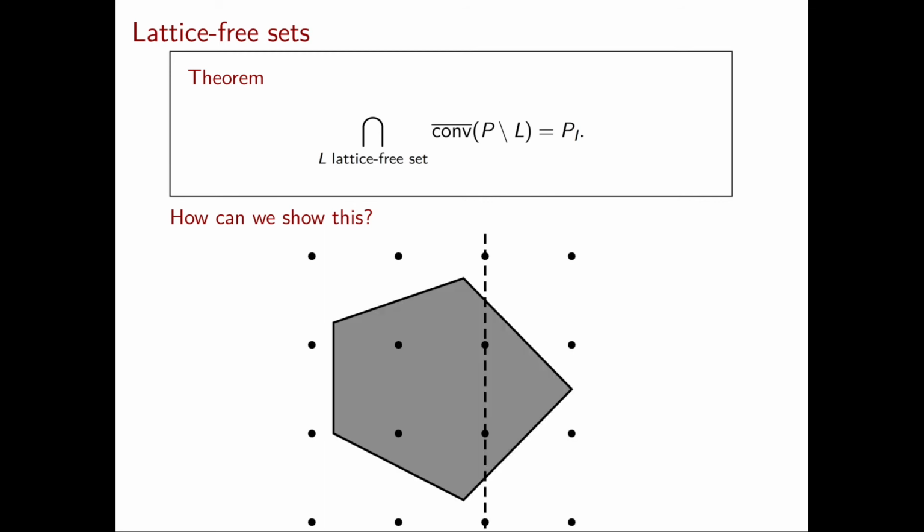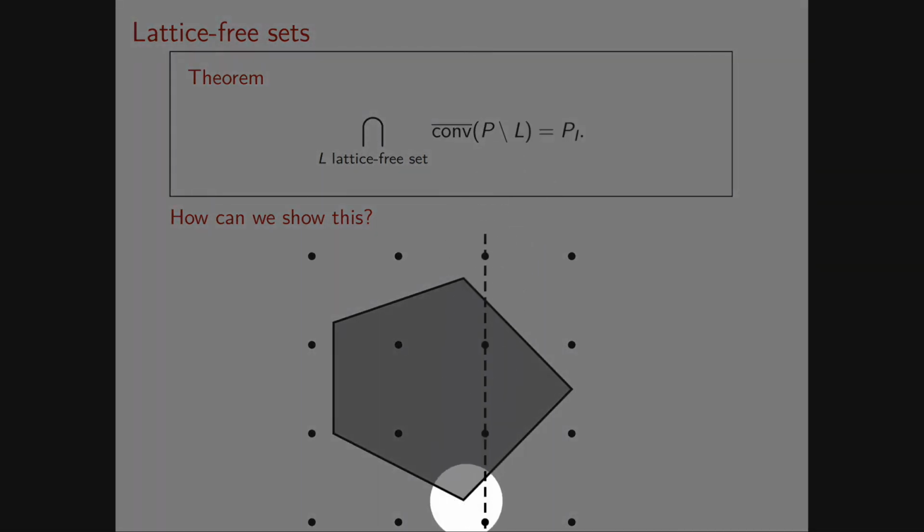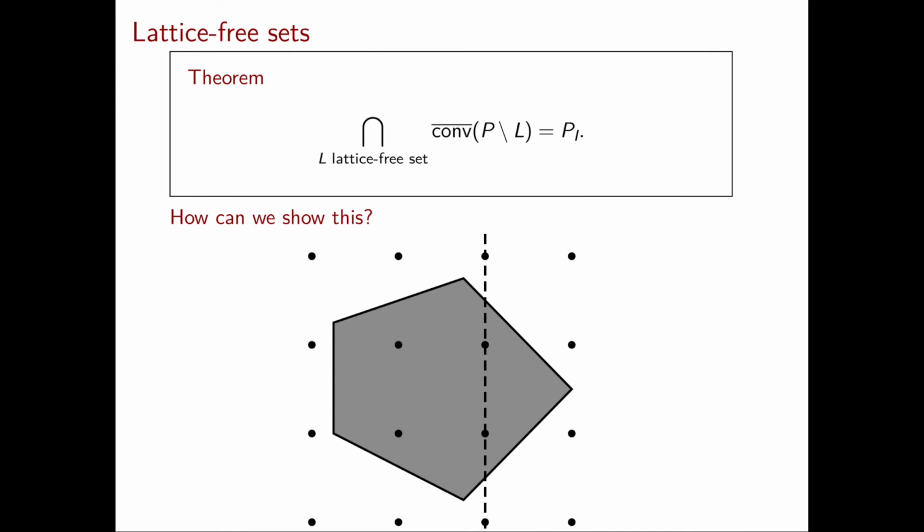Essentially, here's your polyhedron P. Pick any inequality valid for the mixed integer hull. In this case, it's this vertical line, and the direction of the inequality is of course left.